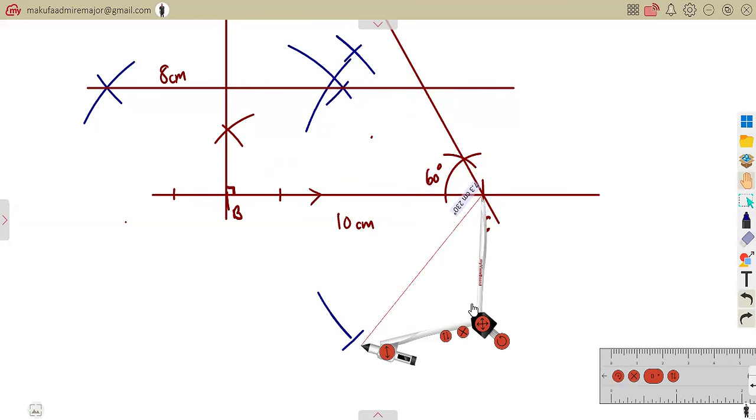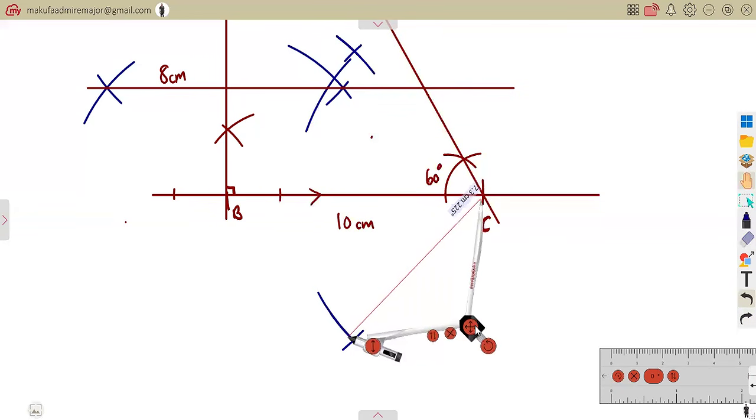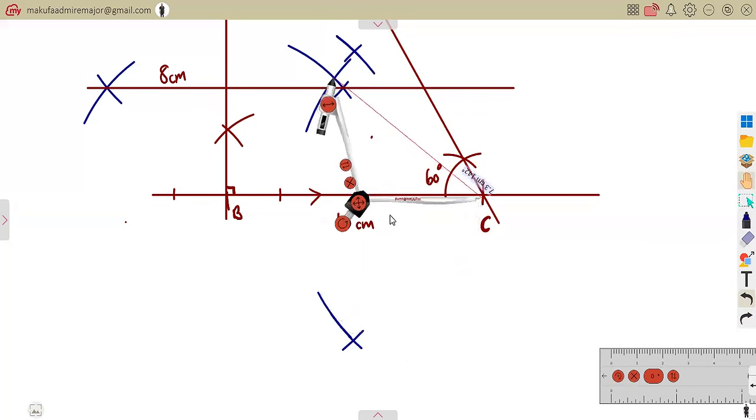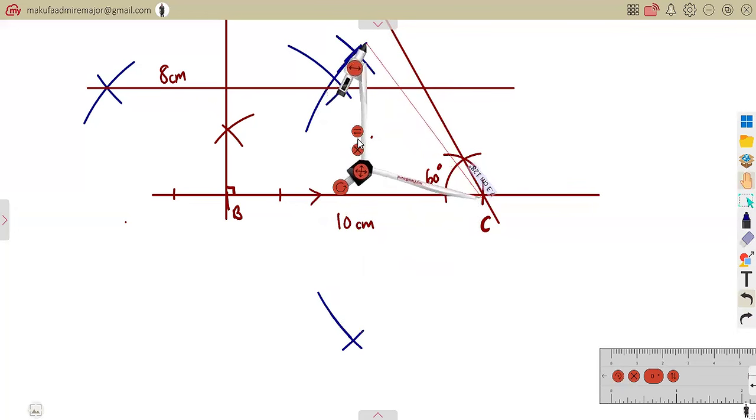I don't know how it just slightly moved, but let's just hope it's not going to affect. So this one was going to be like this.